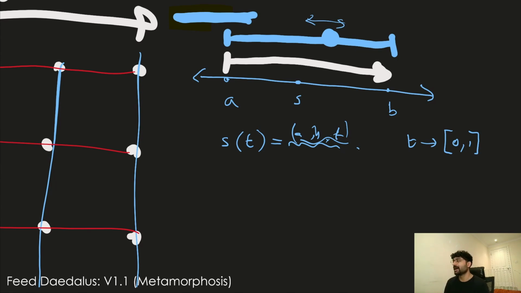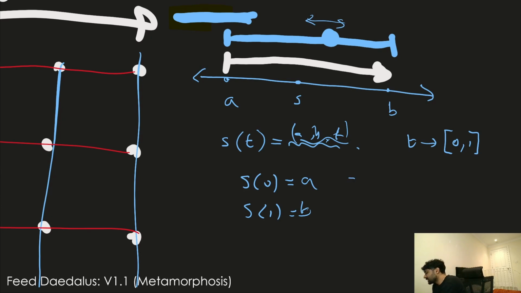So the way we do that is, the way I think about it is like, well, what should the function look like when T is 0, and what should the function look like when T is 1? That kind of helps me think about this. And so if we have S of 0, like I said, we want it to be A, and S of 1, we want it to be B. Now I'm just going to write what the formula is, and I'll explain it in a second.